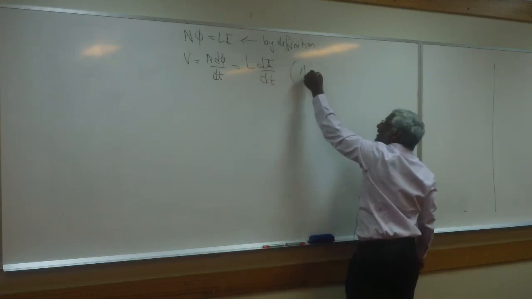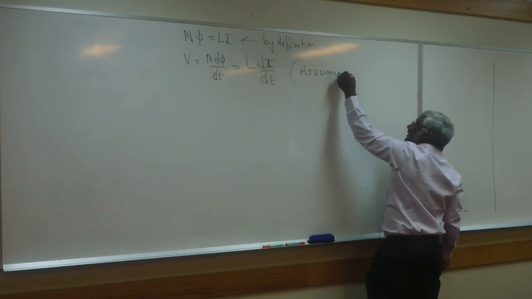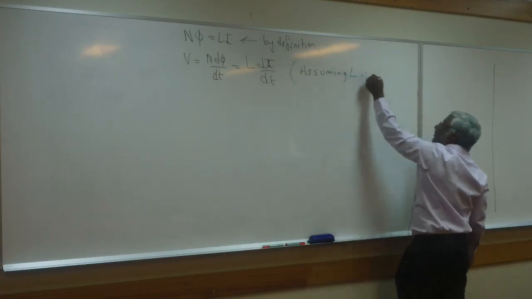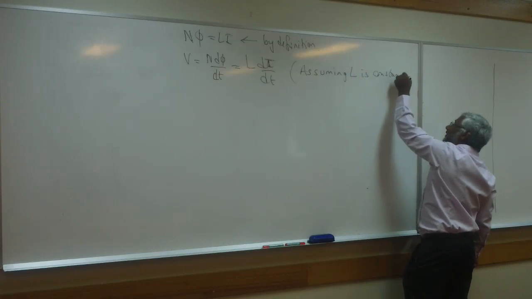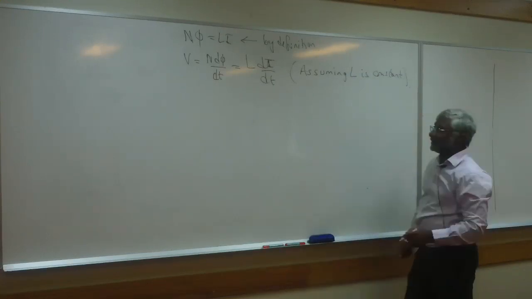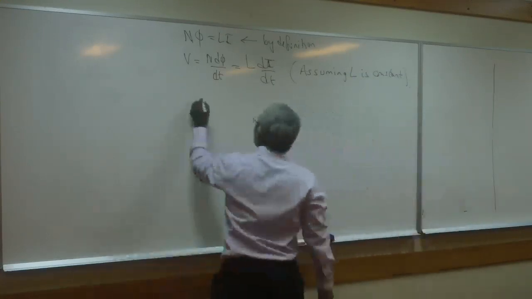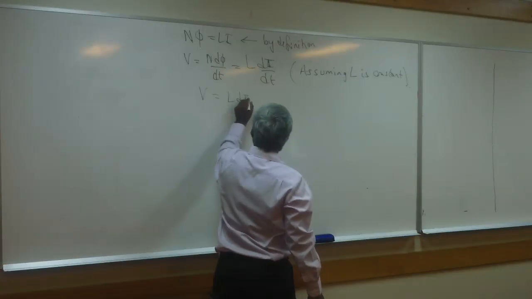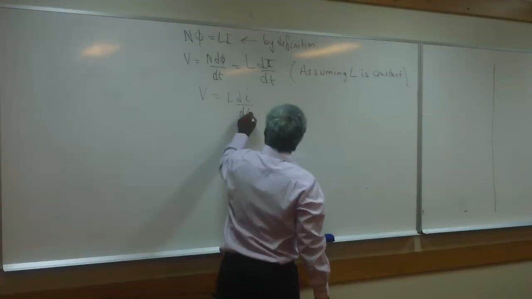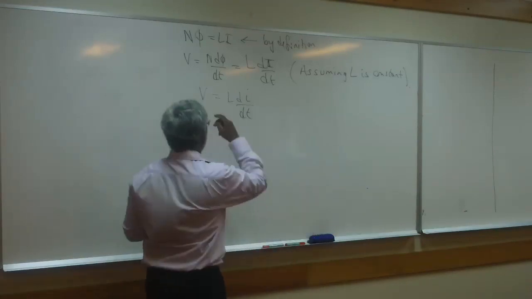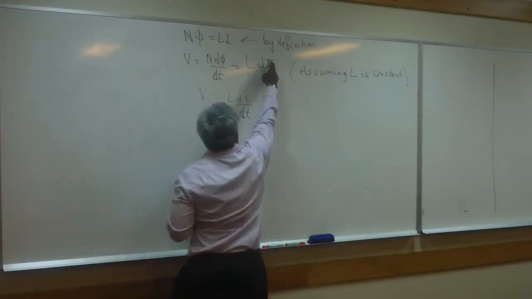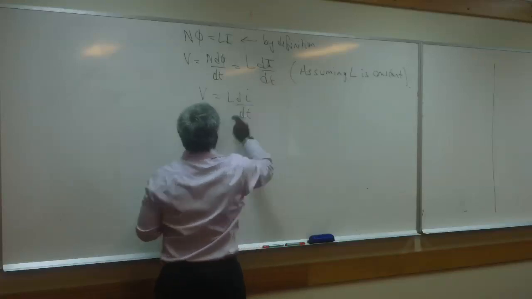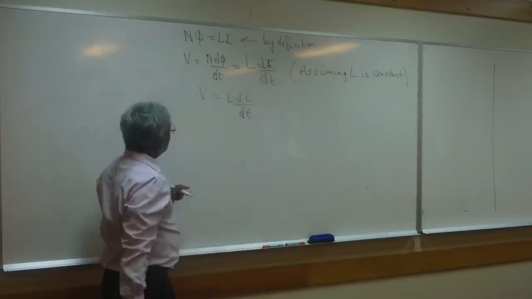assuming L is constant. So that's where we got the V equal to L di/dt from. I should really use lowercase because things are changing with time, so I'll make that uppercase, lowercase, just to emphasize things are changing with time.